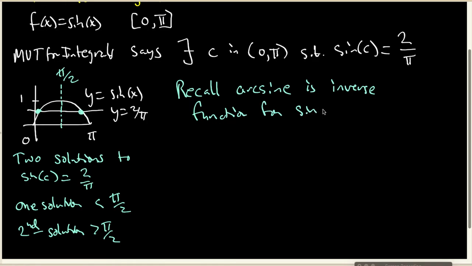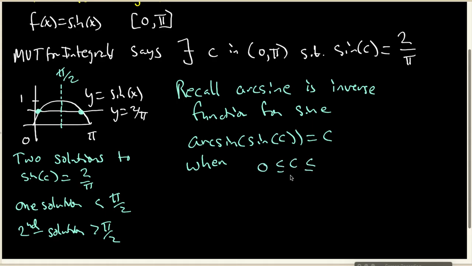In particular, if I look at the arcsine of the sine of c, that will be equal to c when c satisfies the inequality 0 is less than or equal to c and c is less than or equal to pi over 2. So my first solution here is just the arcsine of 2 over pi.